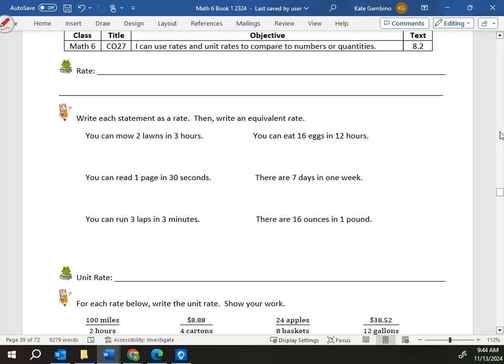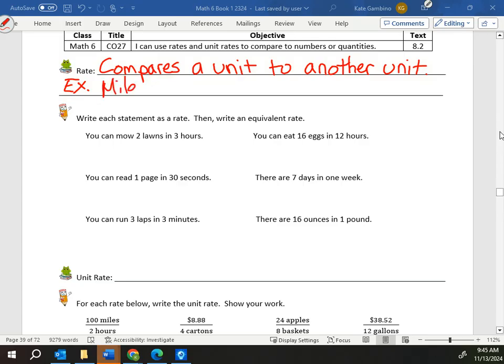So a rate compares a unit to another unit. So when we had how many cats, how many dogs, okay, comparing the cats to dogs, right? A unit to another unit. So an example would be miles per hour.